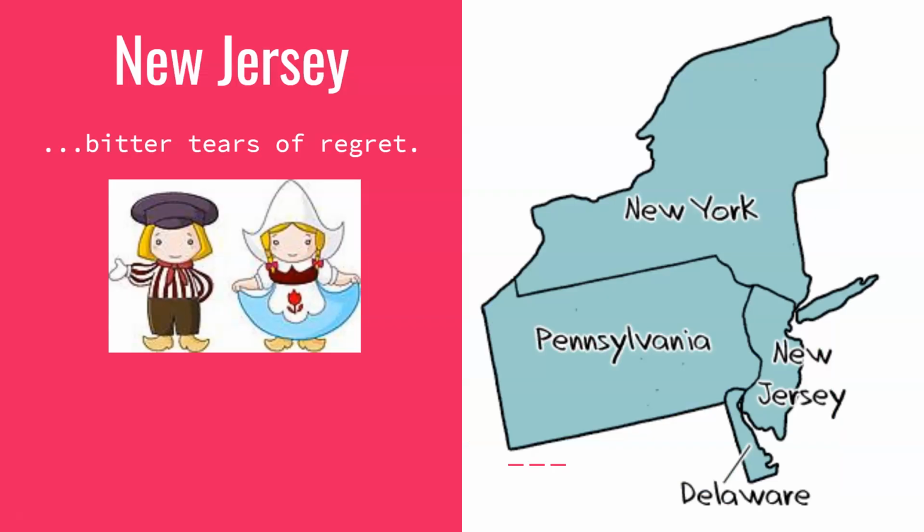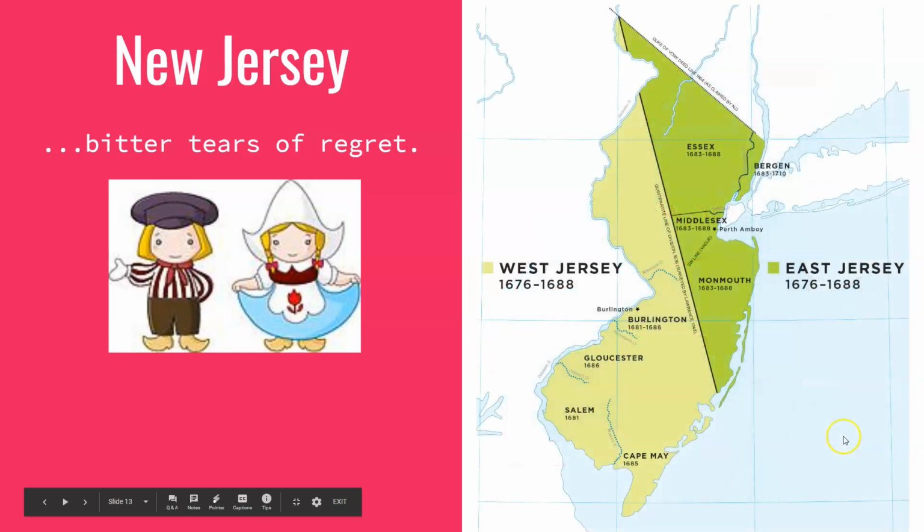over. Okay, along the same lines, we're going to look at New Jersey. So here's New York, here's New Jersey. Guess what? They used to be the same thing. So the Duke of York had all of this land, and he decided he was going to give a part of the land to two of his friends. And so he gives New Jersey to two of his friends. Originally, there was East Jersey and West Jersey, each controlled by a friend of the Duke of York.